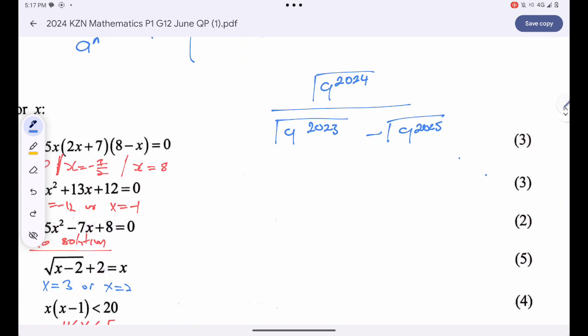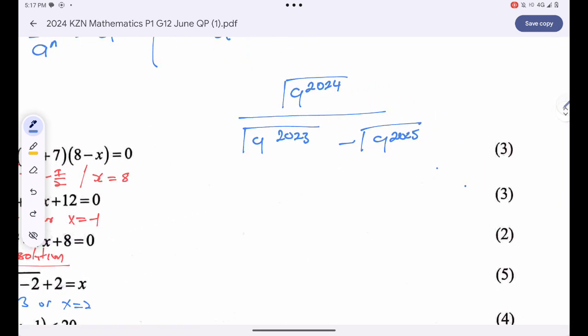Okay. After doing that, guys, please identify the base with the smallest exponent. The smallest exponent is 2023. So I must try to change each and every exponent to look like this one. Are we together? So all I have to do is say I have 9 to the power 2023 plus 1. Let me write properly there.